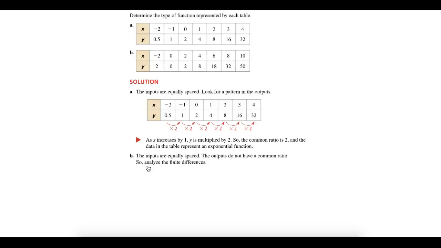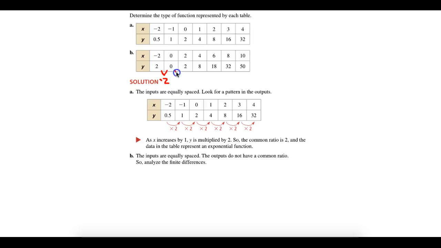We did finite differences when we looked at linear versus quadratic versus polynomial. What we're doing with finite differences is seeing the difference between each successive y value. The difference from 2 to 0 right here is -2.